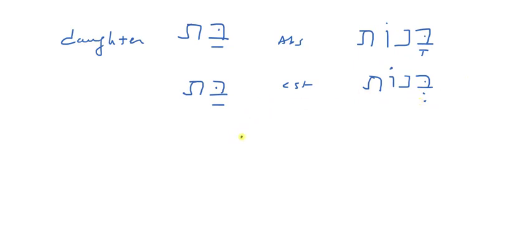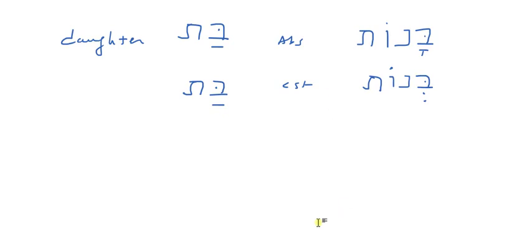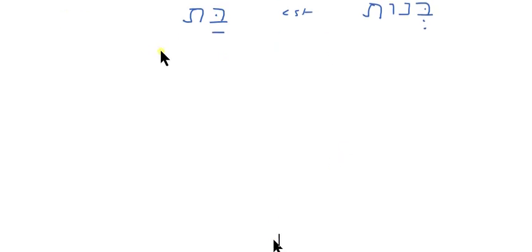And then when we want to add pronominal suffixes, what we're going to do is add them to the construct form. And so how would we do that? To say something like his daughter, you would get a holem vav here. This is a monosyllabic word with a changeable vowel.